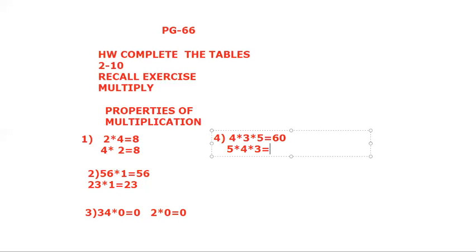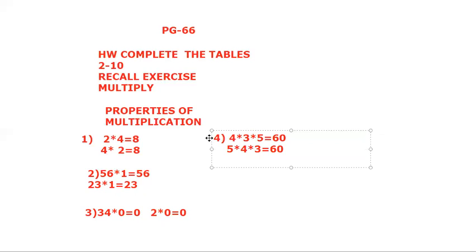I have just altered the places, the orders. 4 into 3 into 5, 60. 5 into 4 into 3, what happens? 5 into 4, 20. 20 into 3, 60. So there is no change in the product.